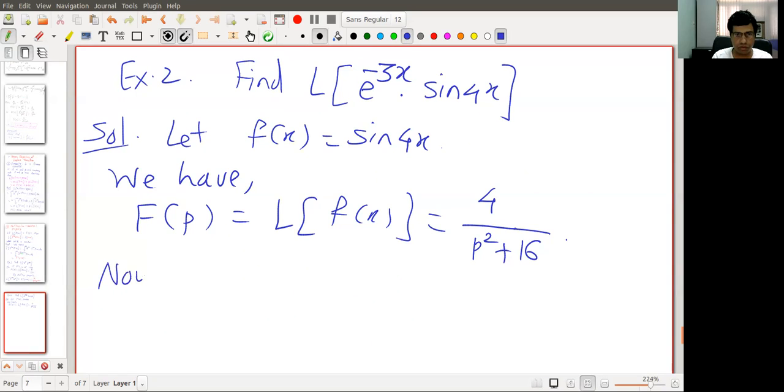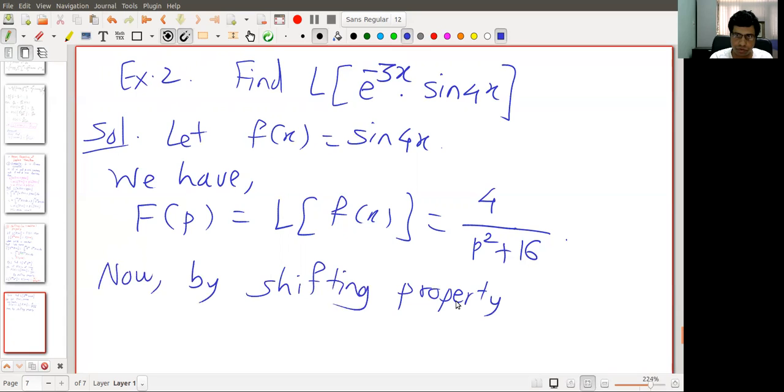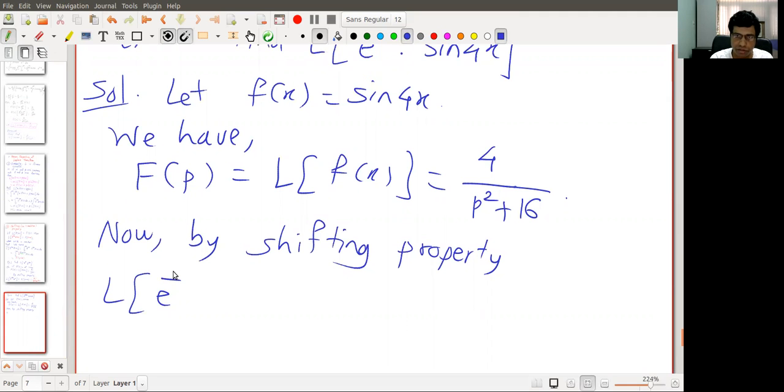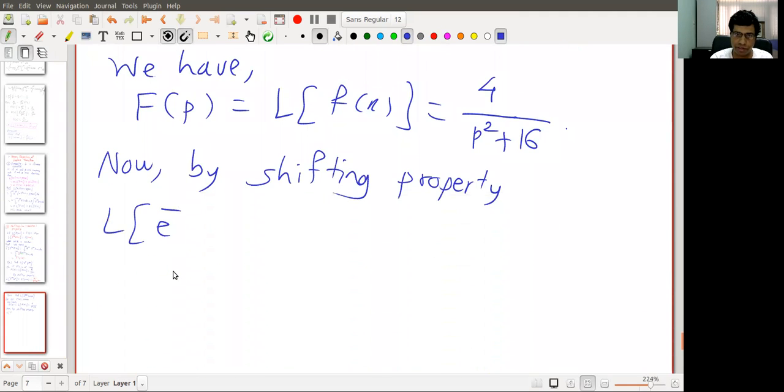Now by shifting property, Laplace transform of e raised to minus 3x into f of x is capital F of p plus a.